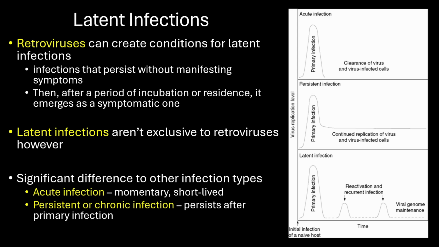And then you have persistent or chronic infections, and these are infections that will persist after that primary infection. Hepatitis is a good example of this, like hepatitis C, for example. The initial infection lingers and it stays there continuously until you either are able to fight it off, usually exclusively through medication, or you die.